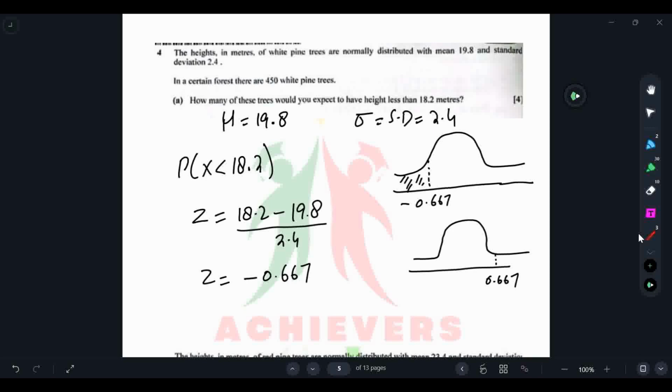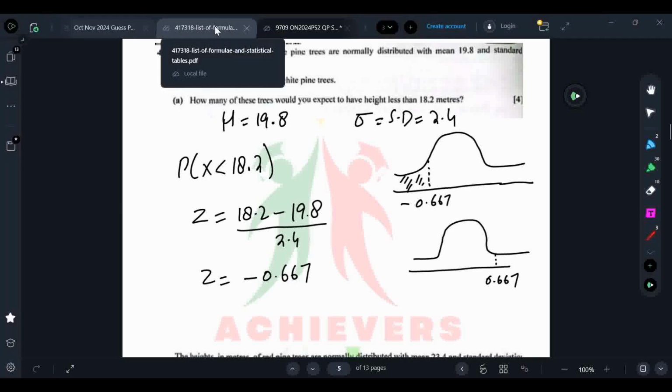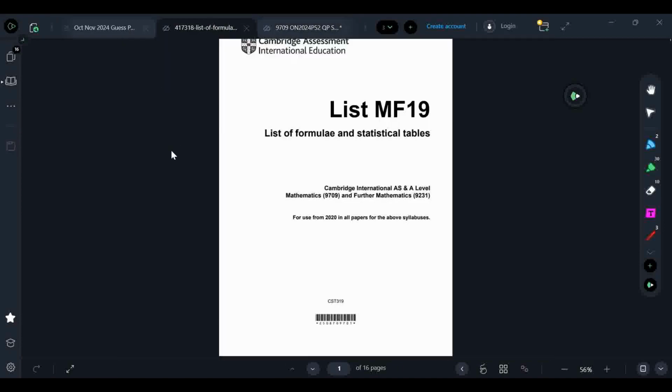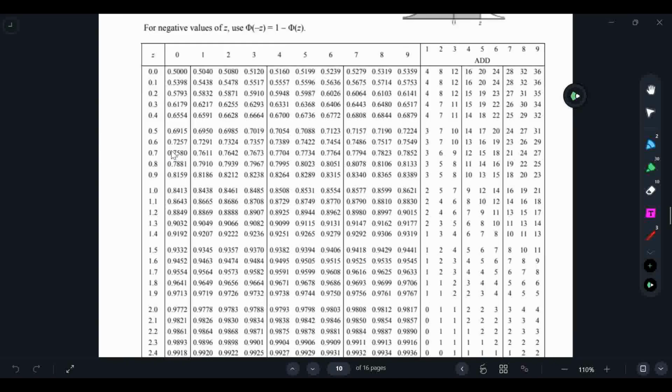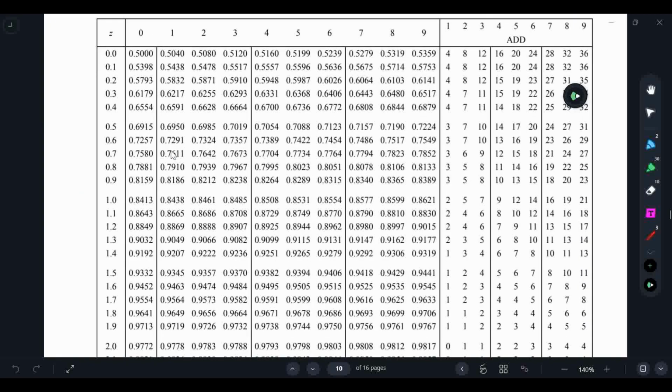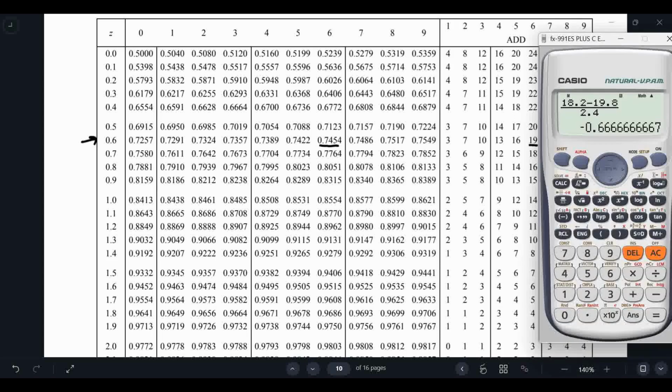Now if we calculate it from the table, we have to see the table for normal distribution. 0.666, so 0.6 and 6. Okay, 0.66, and the other one is 6 again. So from here the 6 will be 19. So we need to add these two.